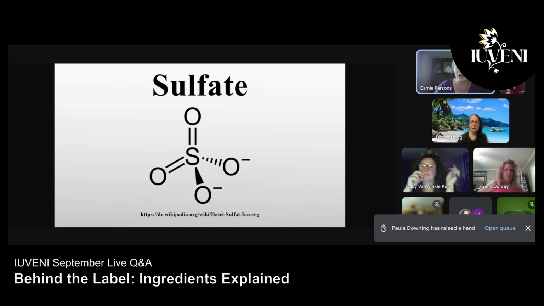Look at how many other substituents you see when you're actually looking at the molecule, because some of the lipids in your hair that are incredibly beneficial will have sulfate on them. Are they damaging? No, they need to be there. So that's what they're talking about.